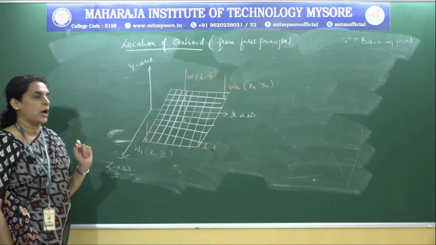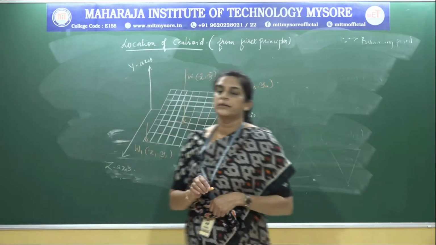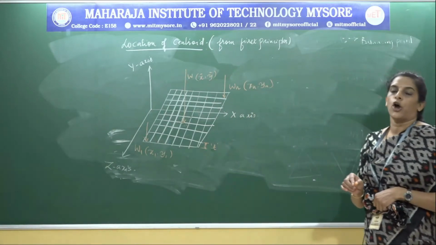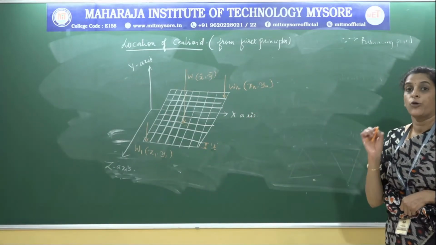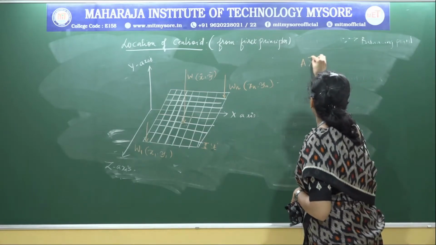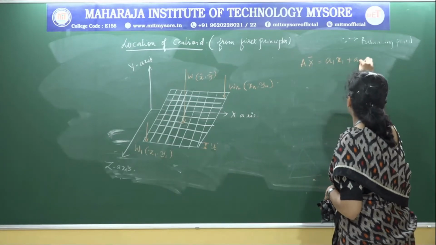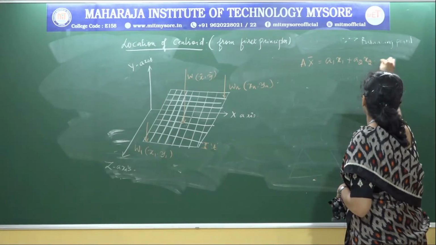As we all know, applying the principle of moments about the y-axis, A x bar is equal to A1 x1 plus A2 x2.